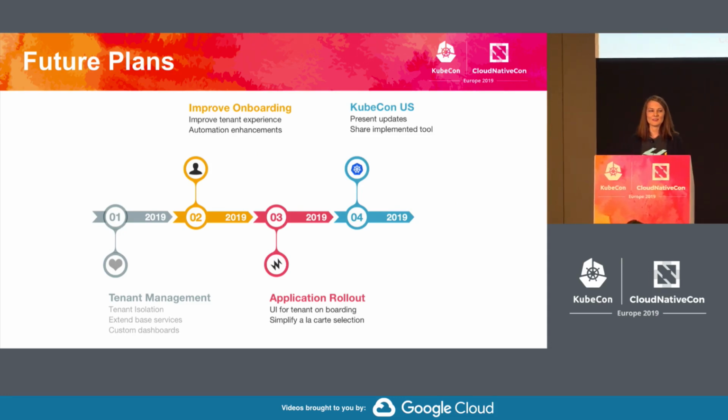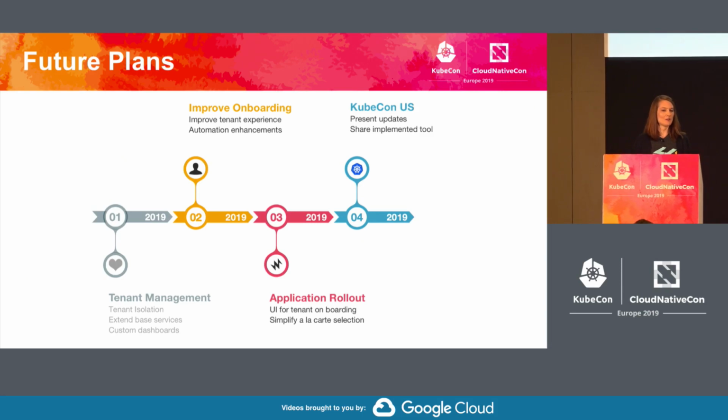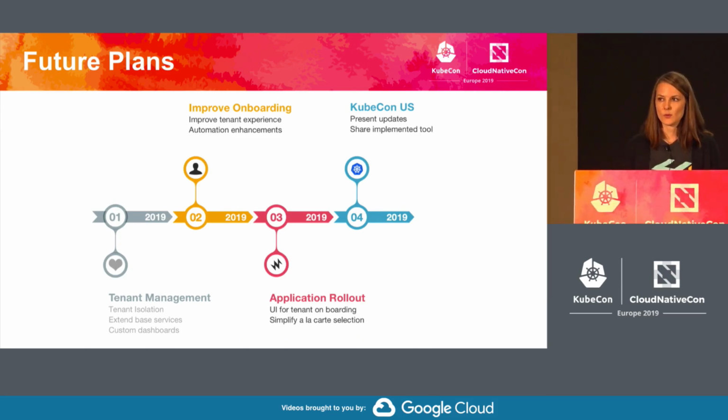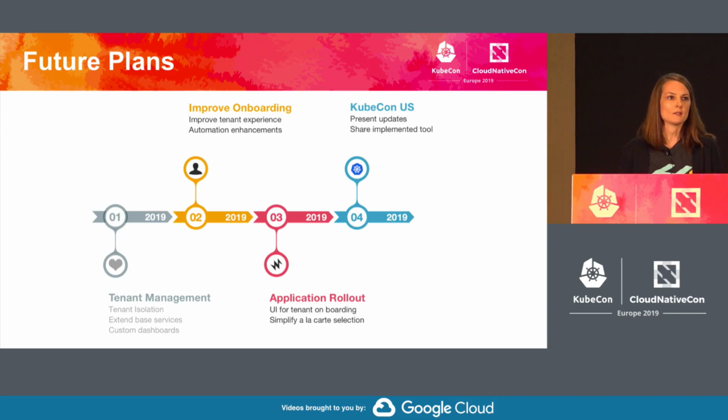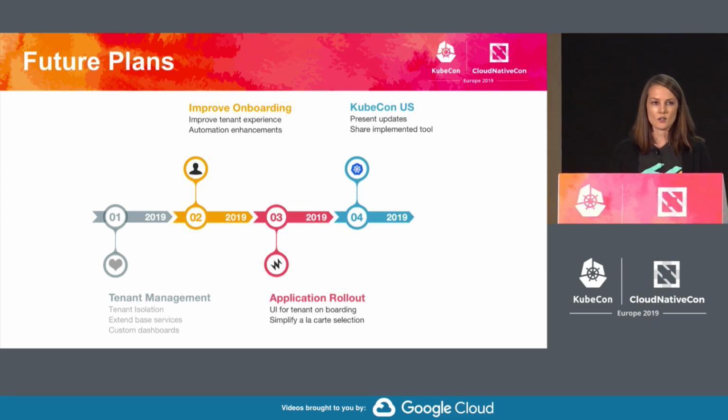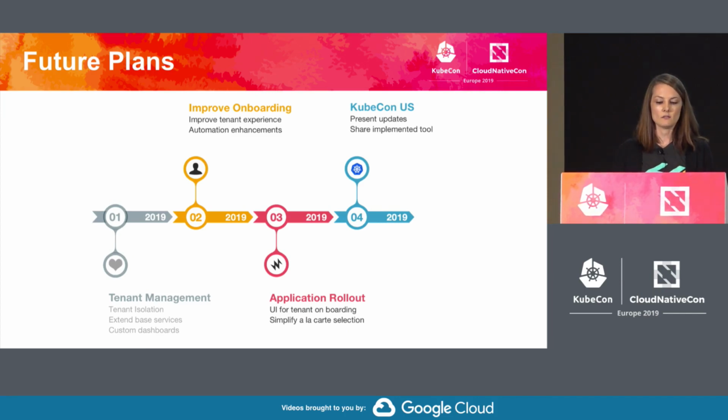Okay, so you've seen a bit of our journey and where we've come from. On the left, it's sort of grayed out. That's where we are, where we've been. And moving forward, we want to share some of our future plans for our journey. So this quarter, we've been working a lot on improving onboarding and improving the tenant experience, and also making enhancements to automation.